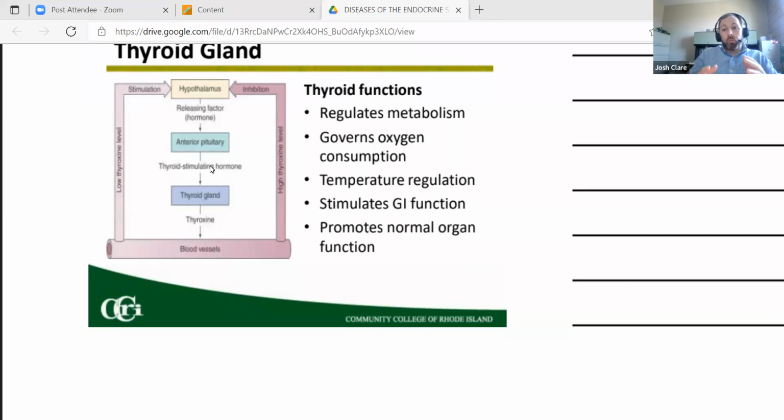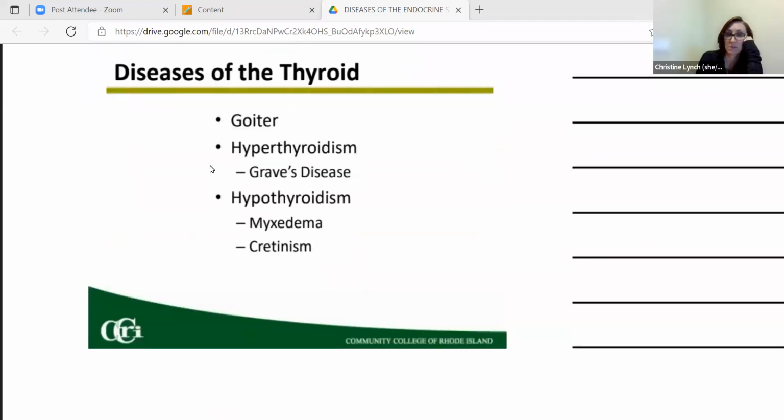So it really branches out into just about every single aspect of the body that we could see. So the thyroid, when it's hyposecreting, low energy, hypersecretion, high energy. So that's why I said earlier, I just think of the thyroid as energy levels, high or low. Mm-hmm. Yeah, that makes sense.